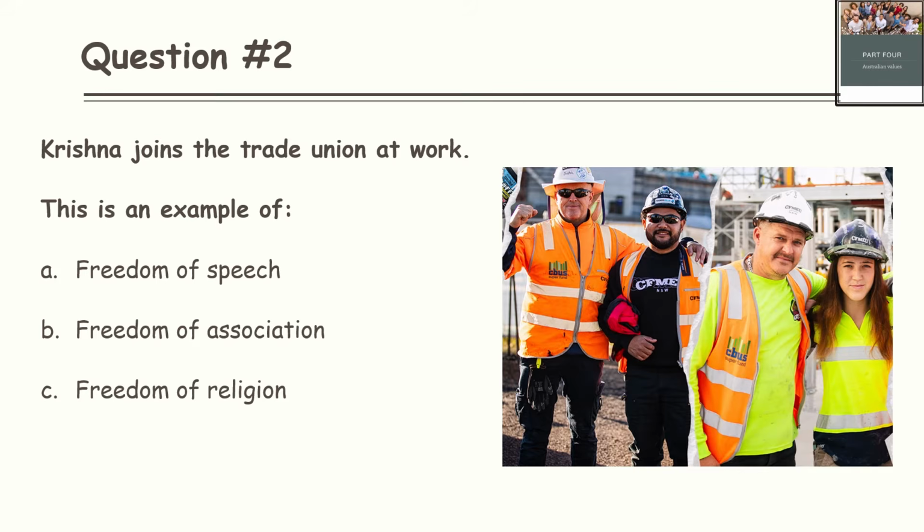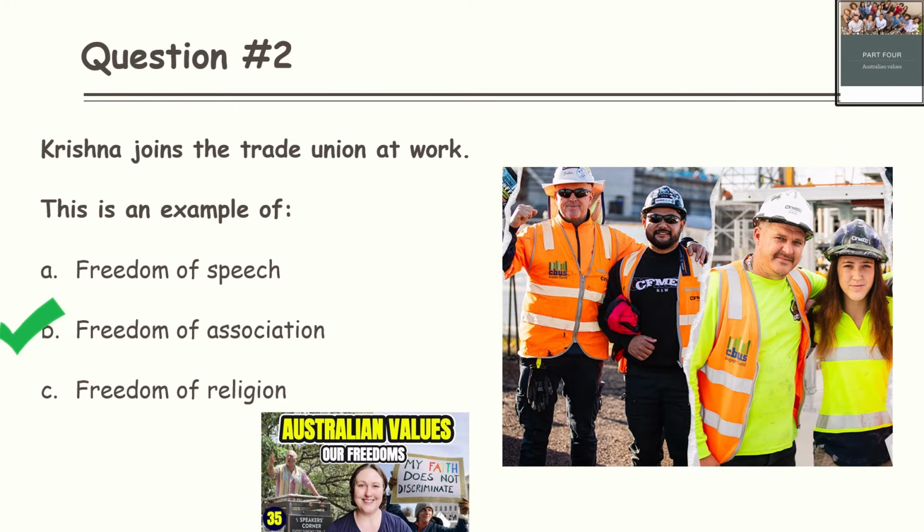This is an example of A. Freedom of speech, B. Freedom of association, C. Freedom of religion. In Australia, people are free to join or leave any group voluntarily, as long as it is within the law. Krishna joining his local trade union is an example of B. Freedom of association.